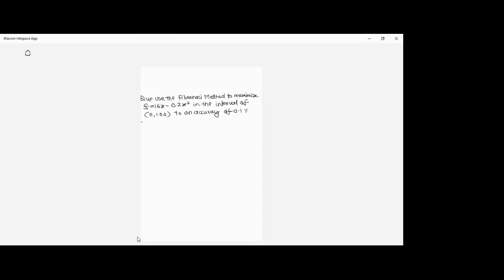Now here, very importantly, the accuracy is very, very important, right? It will help us select the maximum Fibonacci number.